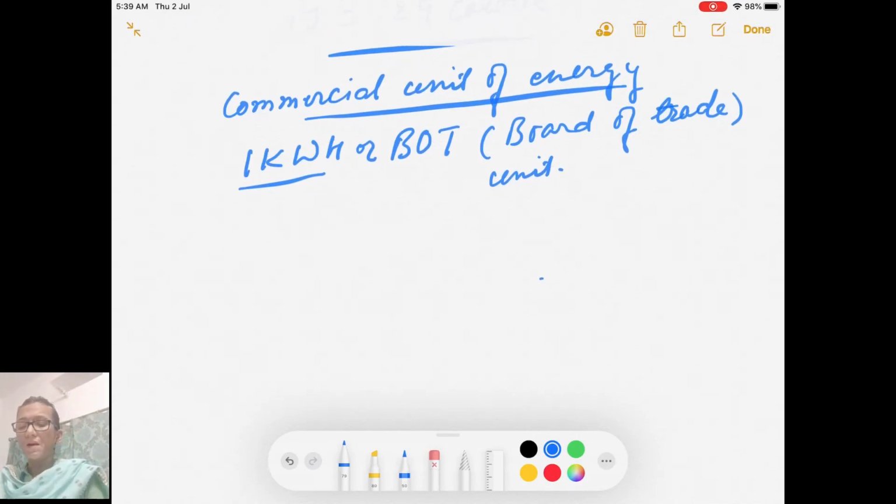Now let me define the commercial unit of energy. You can observe that some motors are of 1000 watt, some more devices are of 1000 watt.